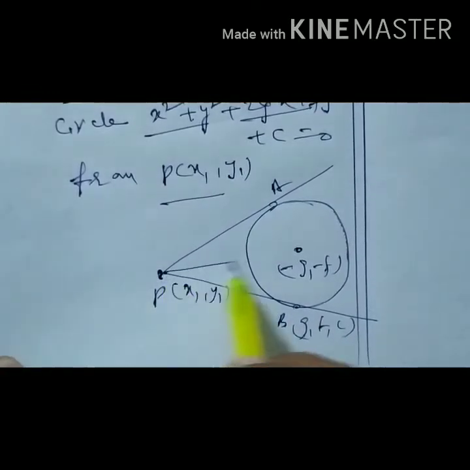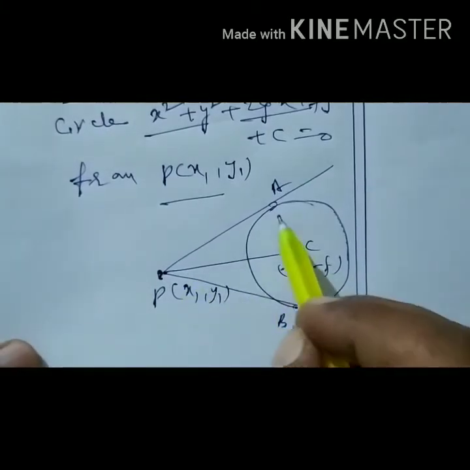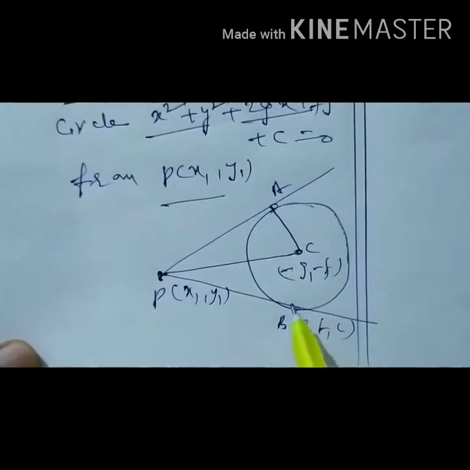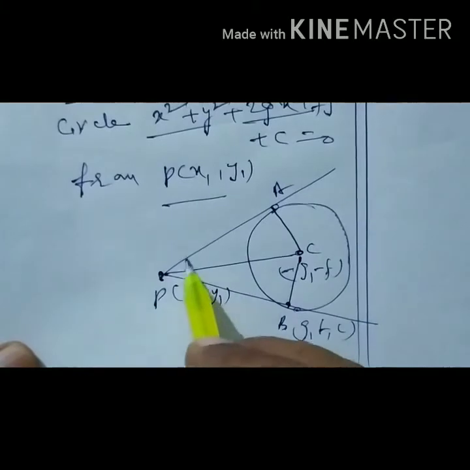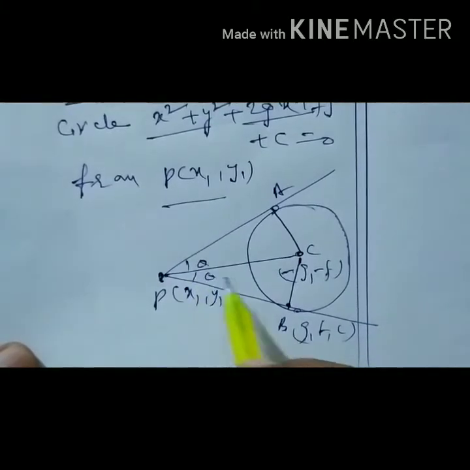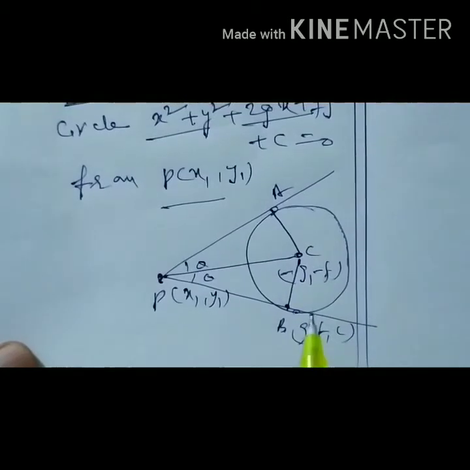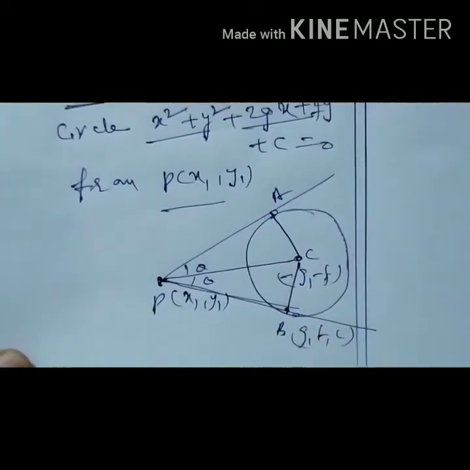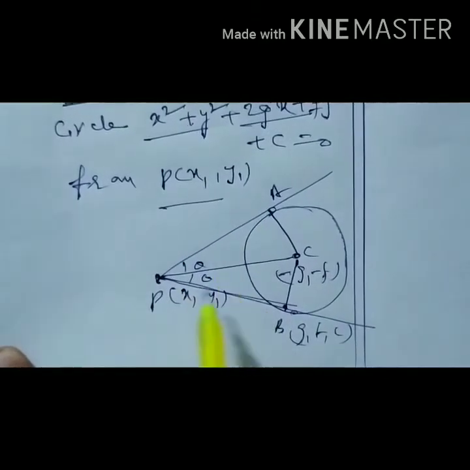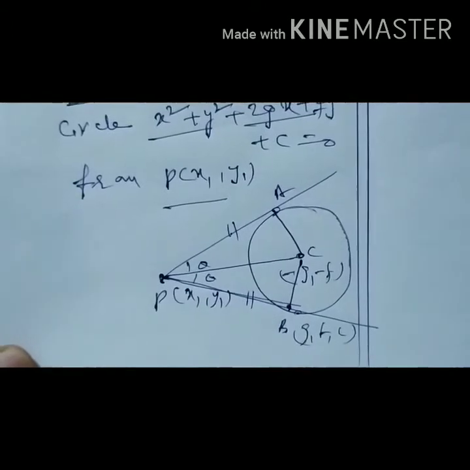If we join P to the center of the circle, and join A to C and B to C, we are getting two similar triangles. We already know that the angles are equal. PAC and PBC are similar triangles. Now we need to find out PA or PB. PB or PA are both the same, as they are similar triangles.